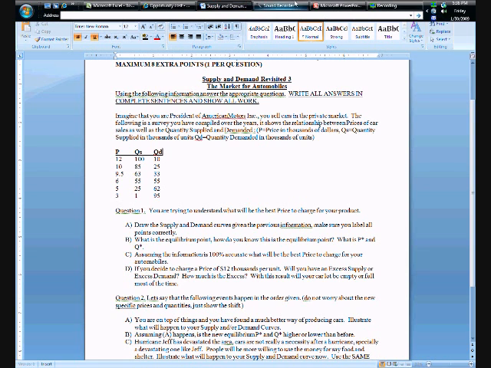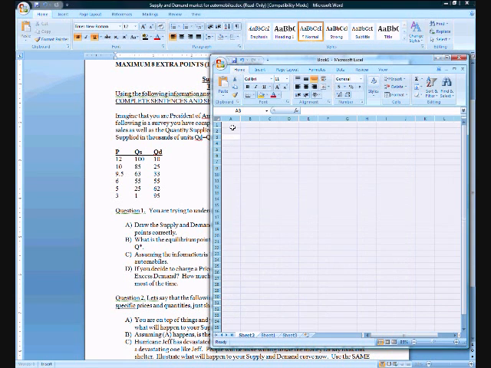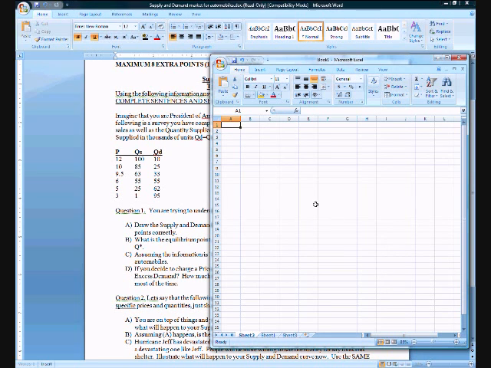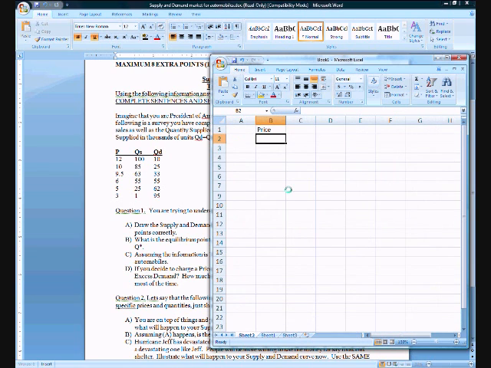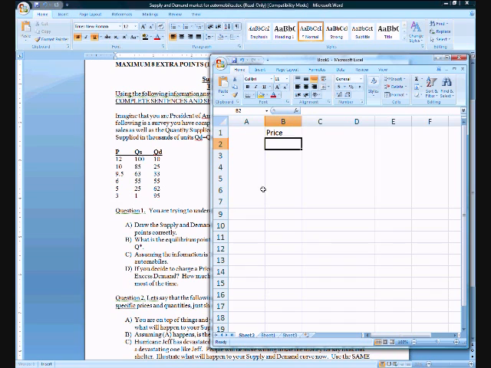So let's open up Excel real quick. We recall that price is the y-axis. So price is the y-axis, so that's 12, 10, 9.5, 6, 5, and 3. Okay, so we got that there. And we recognize that the quantity supplied is the x value.